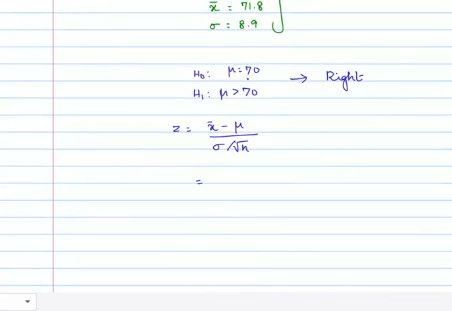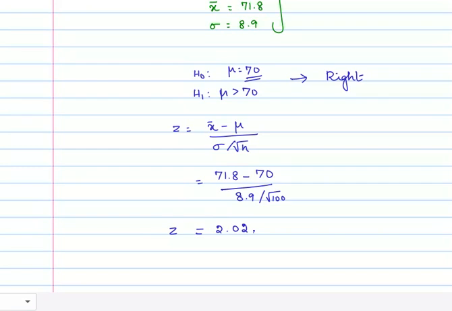So Z equals 71.8 minus 70 divided by 8.9 divided by square root of 100. If you use this in the calculator, you will get Z equal to 2.02.